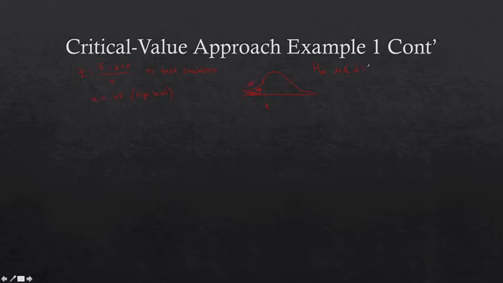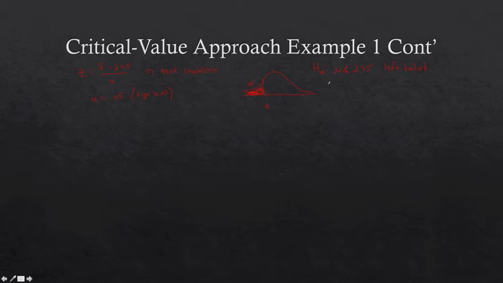That means it is left-tailed. So if it's left-tailed, everything, the area, is to the left. So this will be 0.05 to the left.